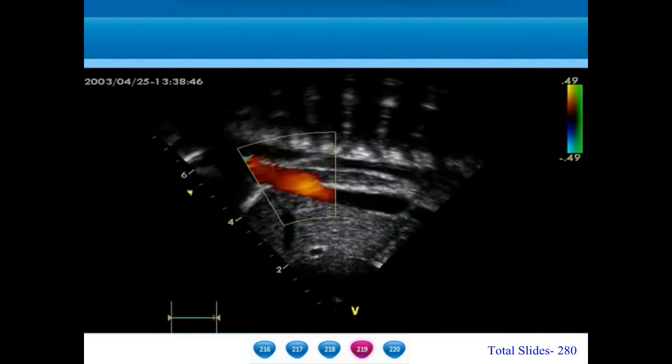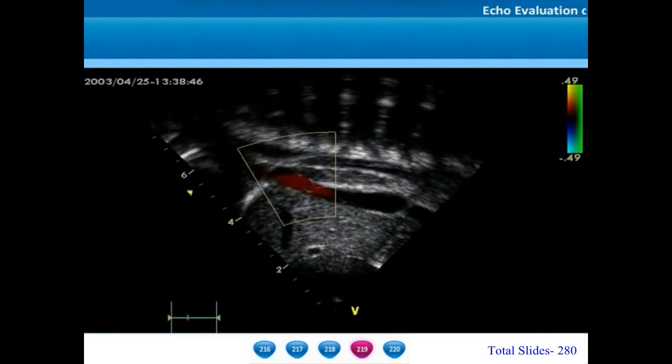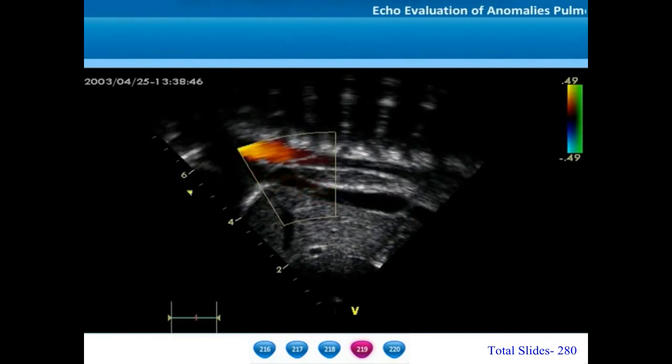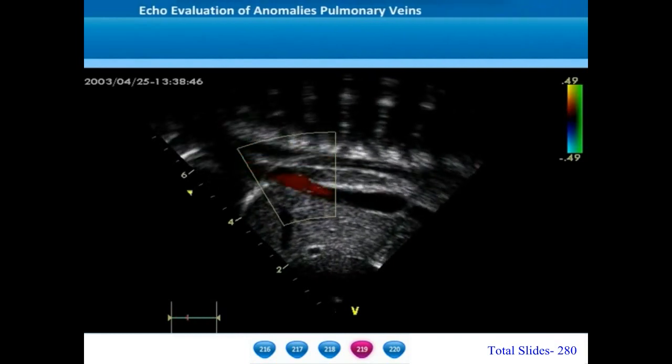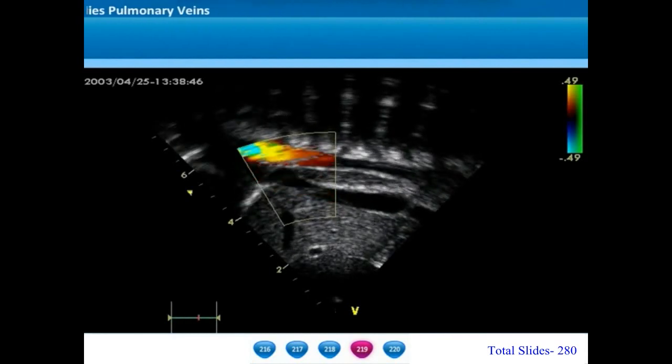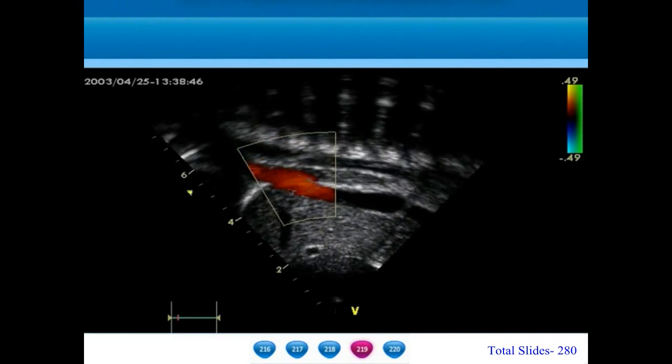So whenever the child cries and increases the intra-abdominal pressure, the diaphragmatic orifice of the vertical vein gets further narrowed and the child goes into a state of pallor, bradycardia, lifelessness, and this can even be fatal.